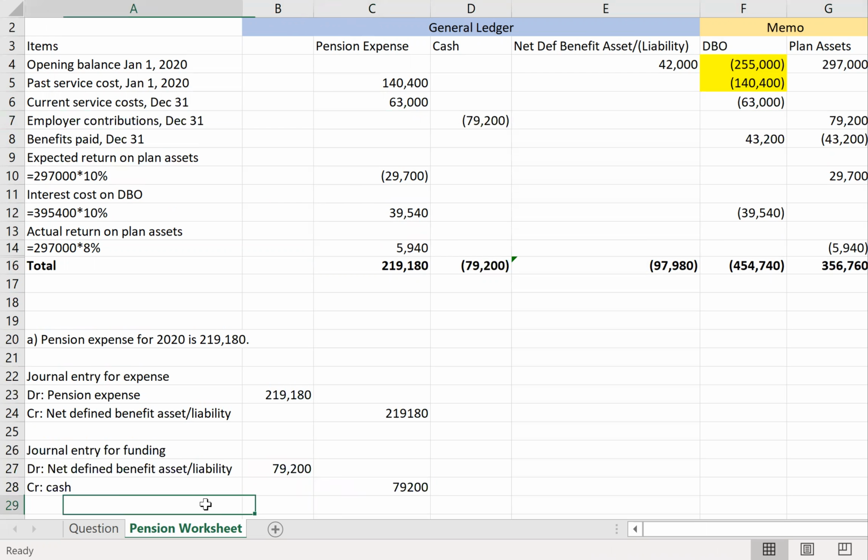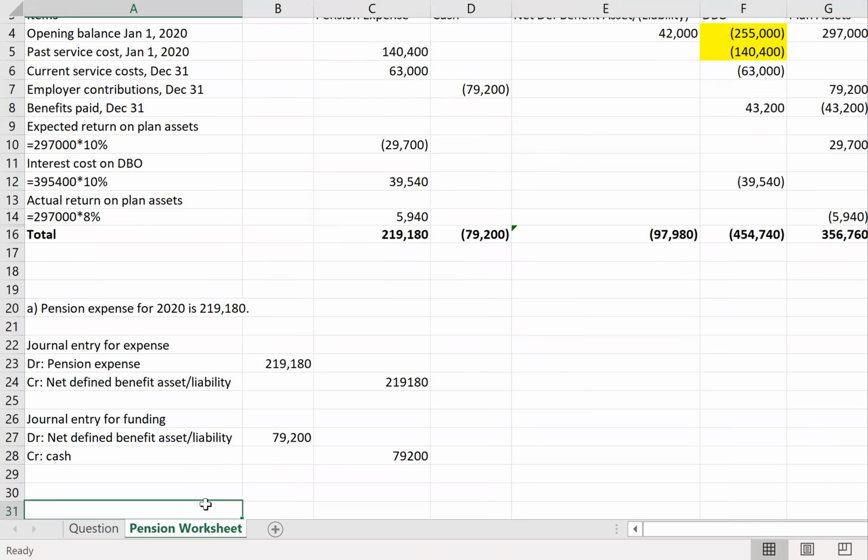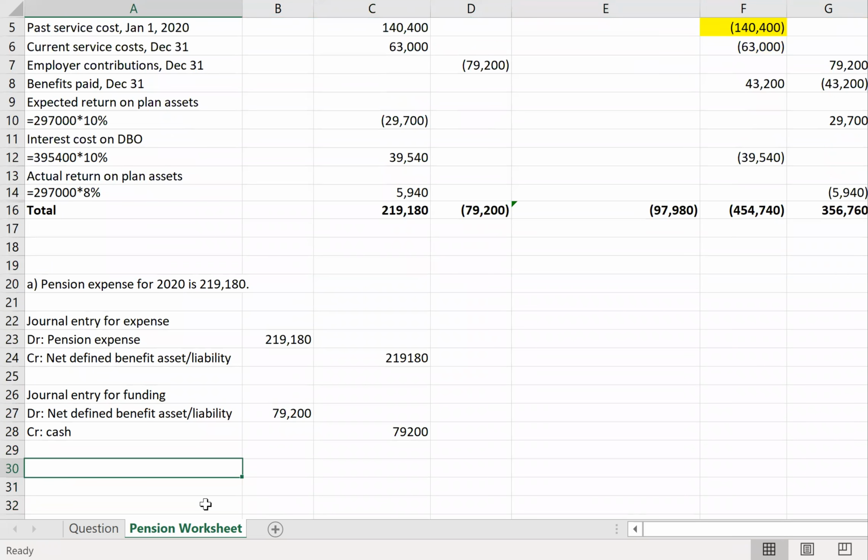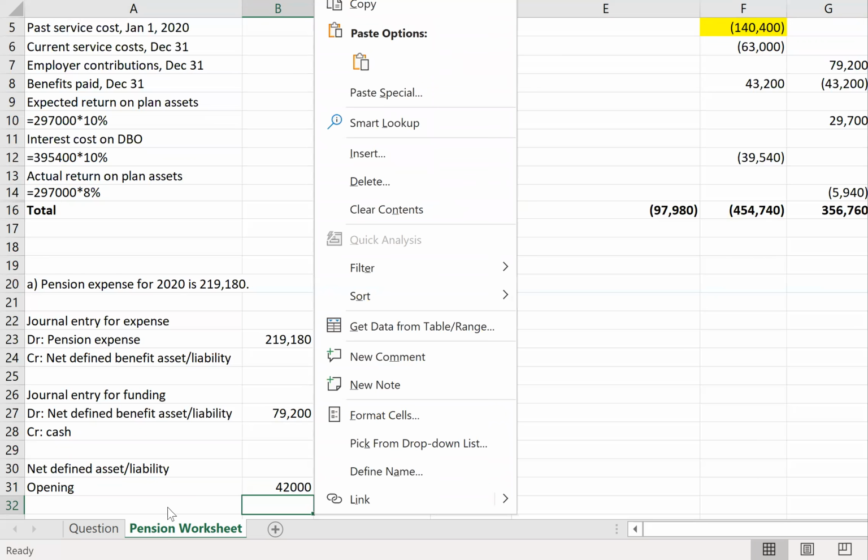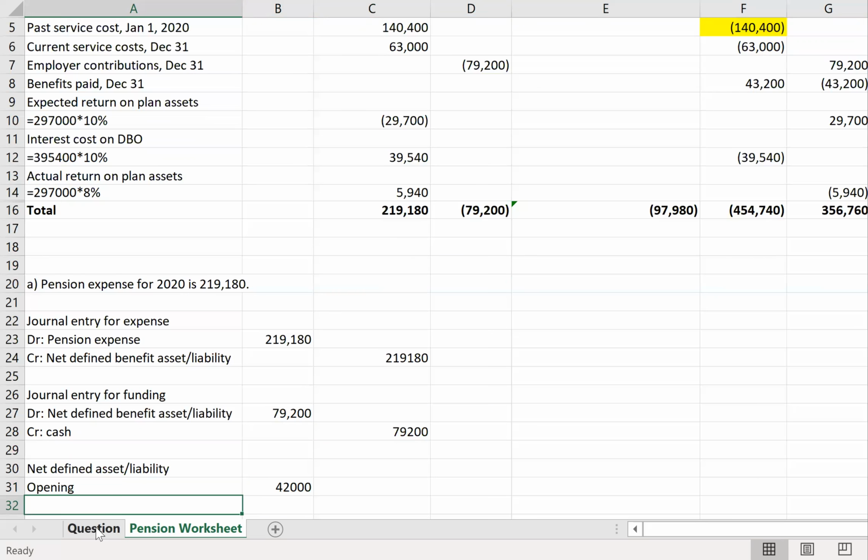Okay. So now if we reconcile our net defined asset or liability, we're going to have opening. We had 42,000. Now we've got pension expense. This increases it because it has a credit balance. So this is going to be this 219,180.